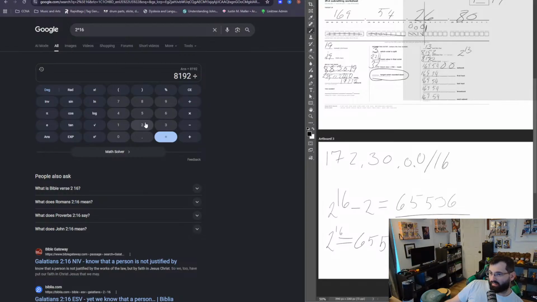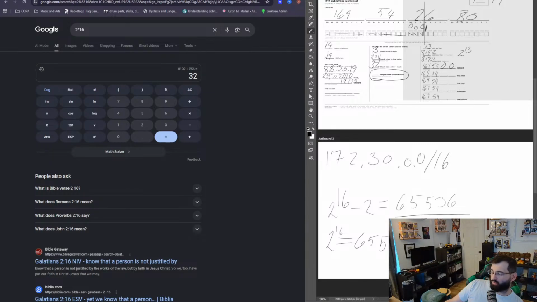And then we divided that by 256, which got 32. So our block is 32. That means each subnet is going to be 32, so all of these addresses are divided into 32 groups.